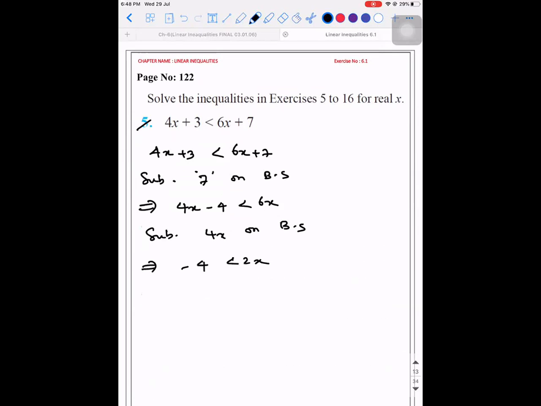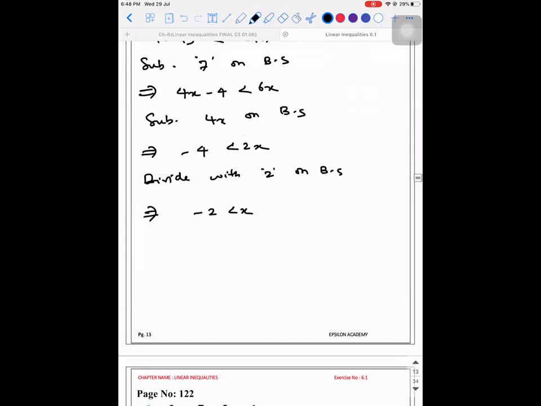Minus 4 is less than 2x. Divide with 2 on both sides, implies minus 2 is less than x. So x is greater than minus 2. So x belongs to minus 2 to infinity.